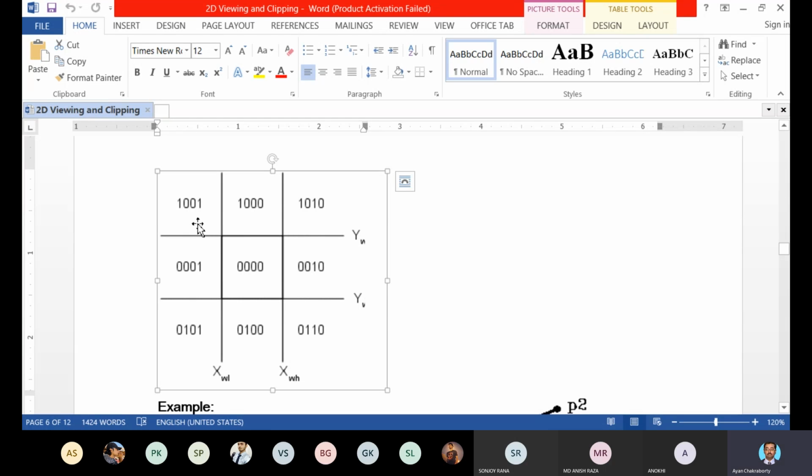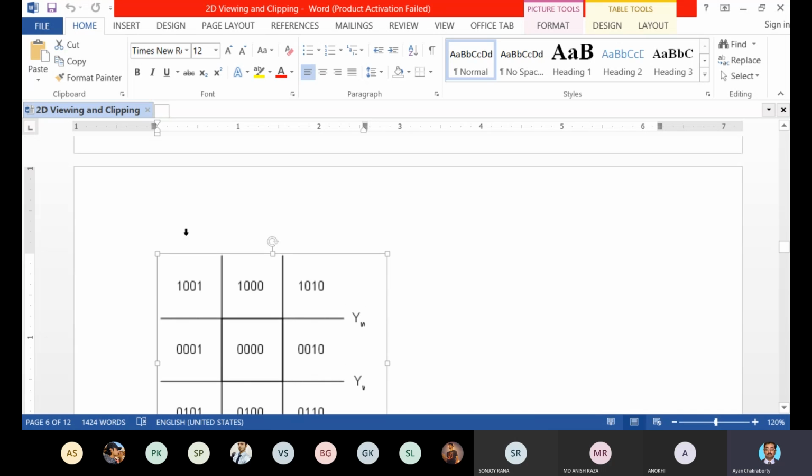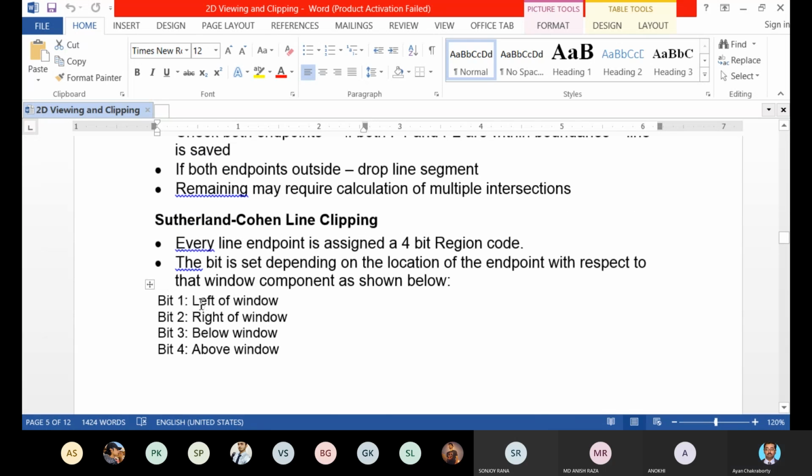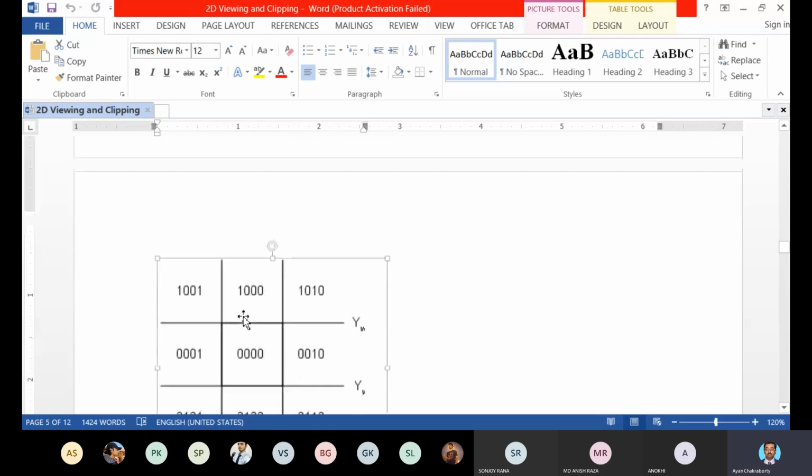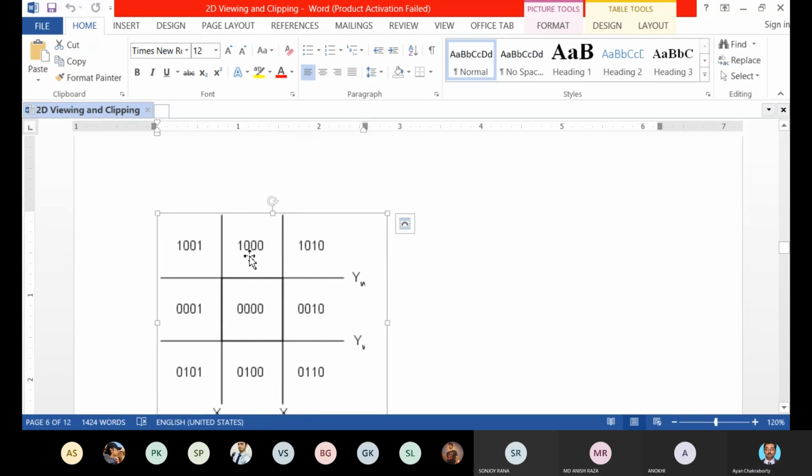So we have explained the 4-bit region code for 3 regions: northwest, west, and southwest. Now we will go for north. This north region is very easy. The first bit will be 1 if the region is left of the window. The north region is not on the left side of the window, so the first bit is 0. The second bit will be 1 if the region is on the right side of the window.